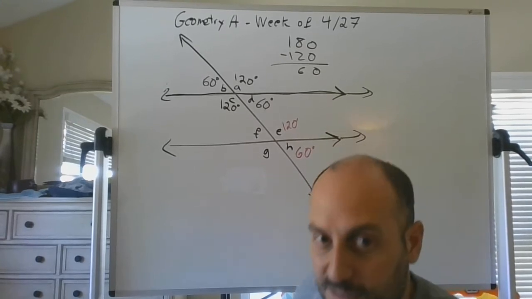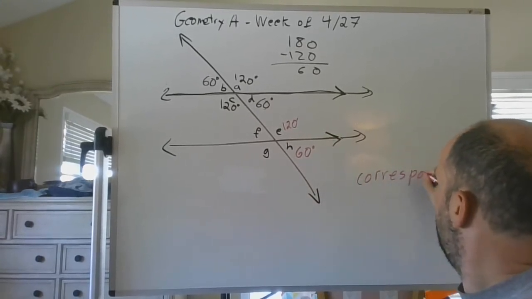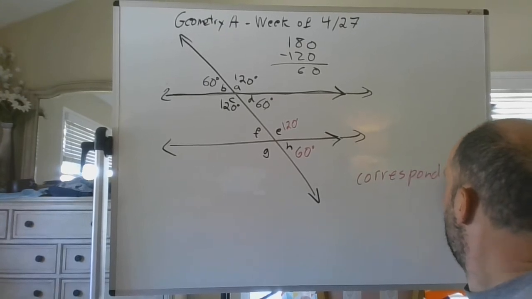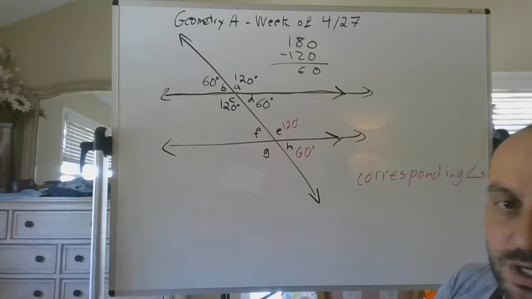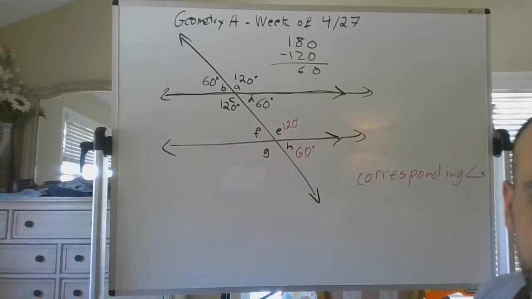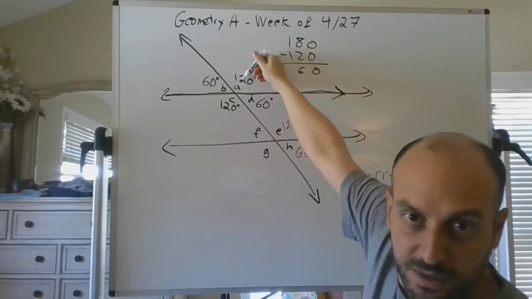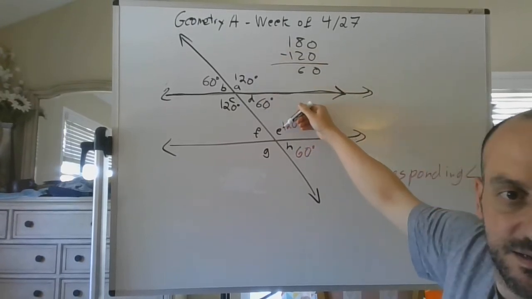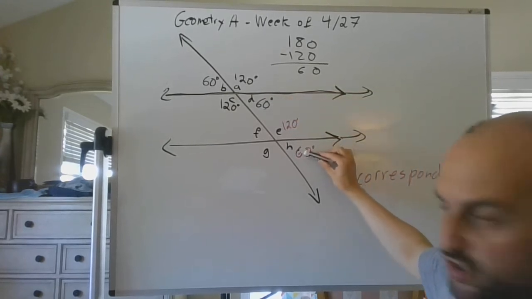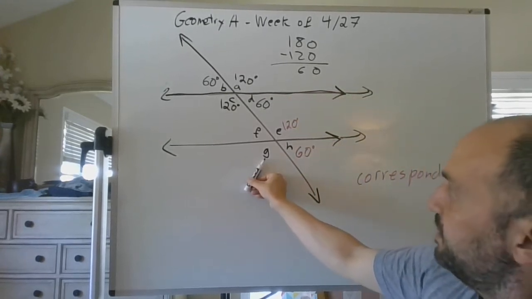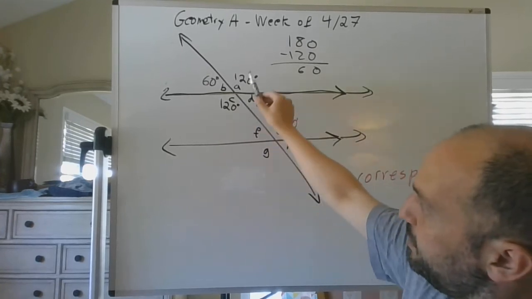Those are called corresponding angles. What corresponding means is they're matching. They're in the same position. So A corresponds with E. D corresponds with H. G is on the bottom left, so G corresponds with who up here?